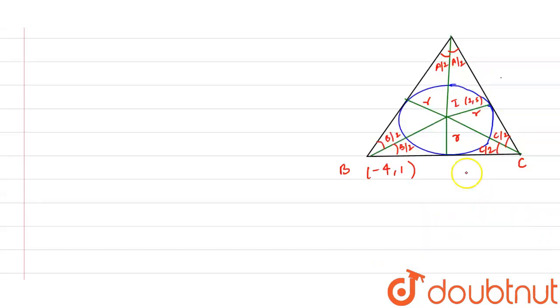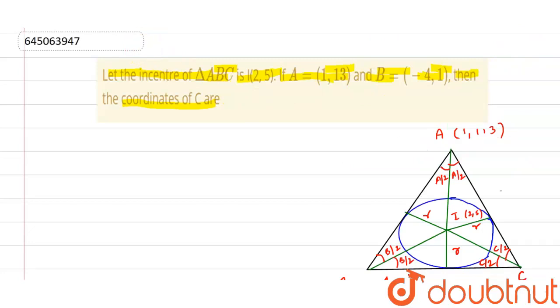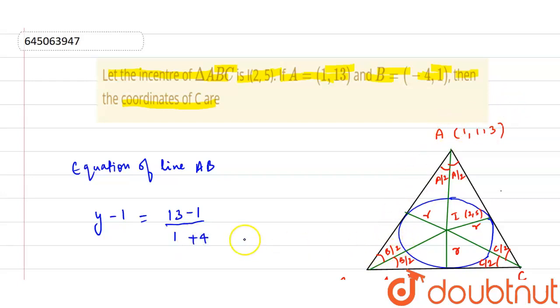Now if we write the equation of line AB, we can write y minus y1 equals (y2 minus y1) divided by (x2 minus x1) times (x minus x1). So y minus 1 equals (13 minus 1) divided by (1 minus minus 4), which is 1 plus 4, times (x minus minus 4), that is x plus 4.